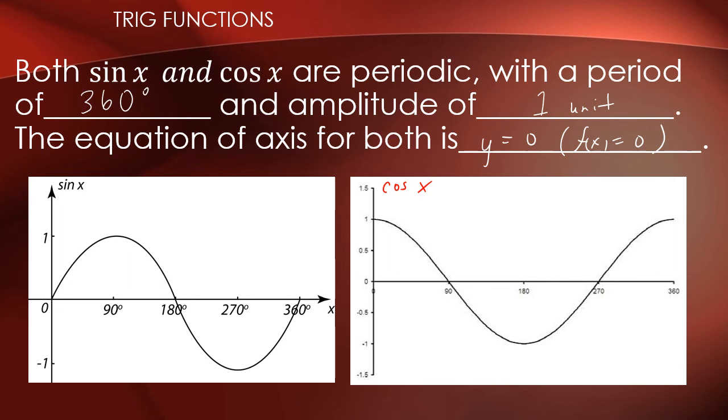As you can see, they both take 360 degrees to complete one cycle, hence a period of 360 degrees. If you try to calculate the amplitude, max minus min, 1 minus negative 1 is 2, 2 divided by 2 is 1 unit. Our formula for equation of axis, max plus min, 1 plus negative 1 is 0, 0 divided by 2, 0.